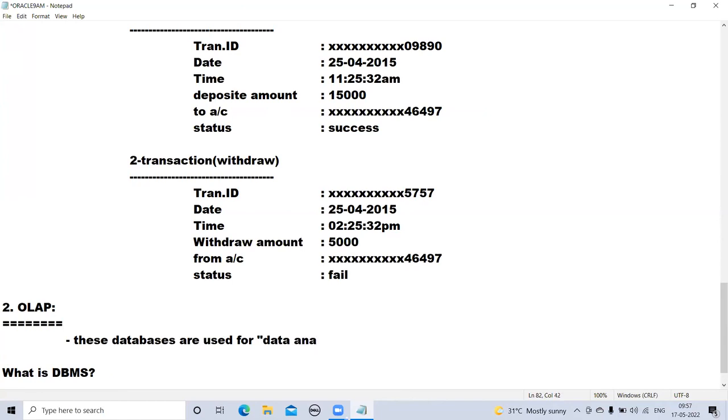Data analysis purpose, guys. The most important point here: data analysis, or we can call it data summarizing purpose, or storing historical data.